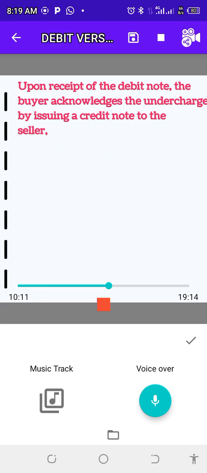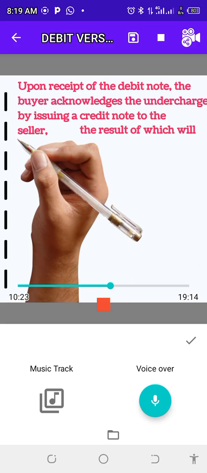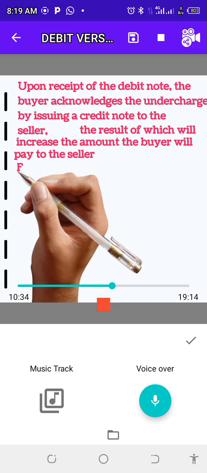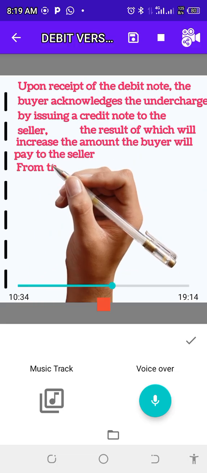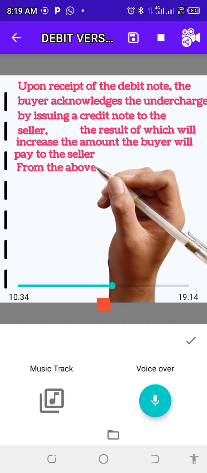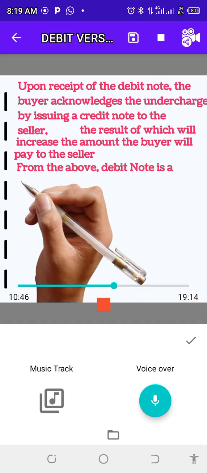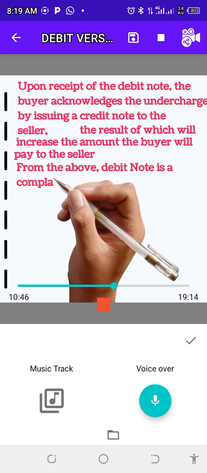From the above, it implies that a debit note is a complaint memo of overcharge or undercharge, depending on who issues it. It may be issued by the complainant, by a buyer, or issued by what?